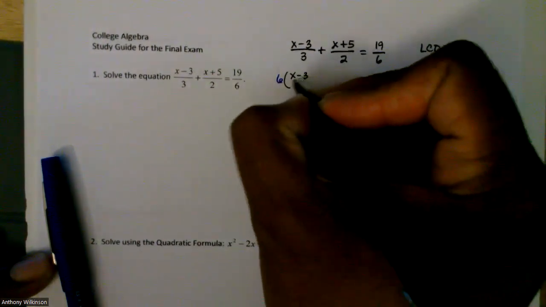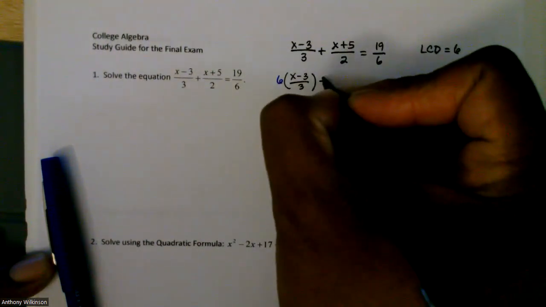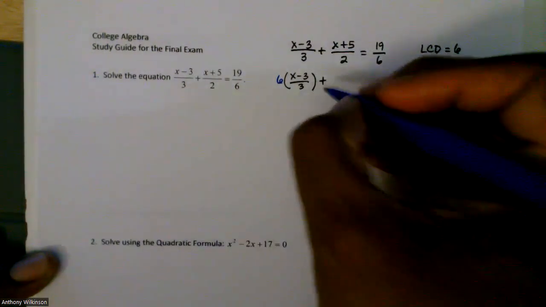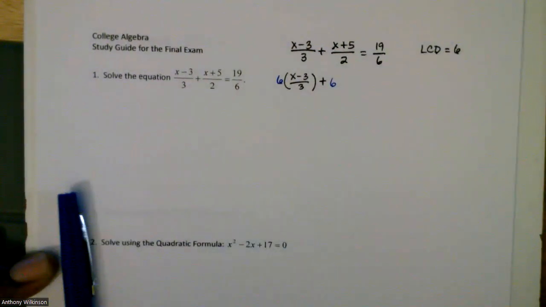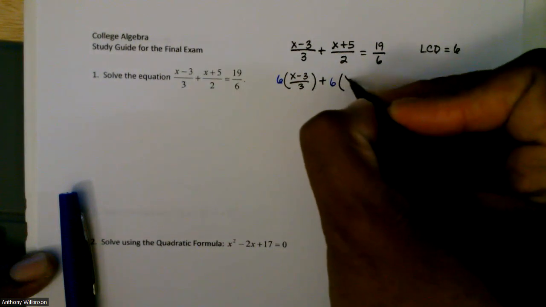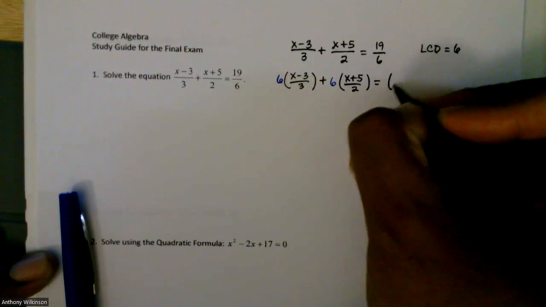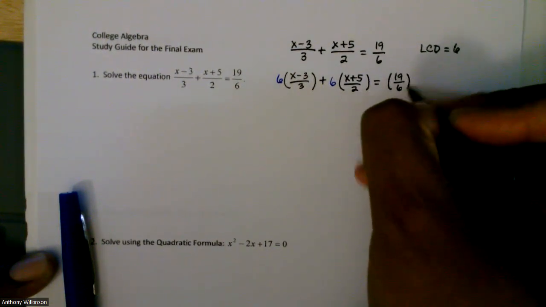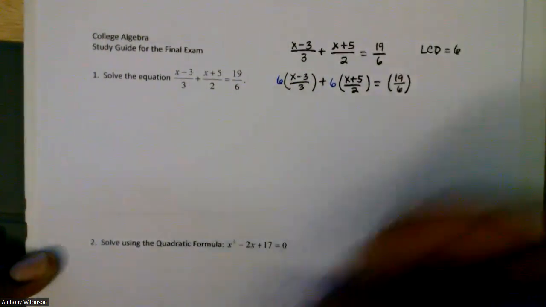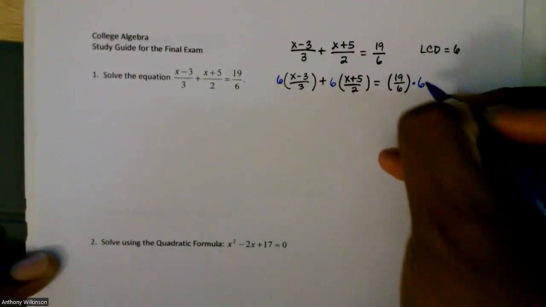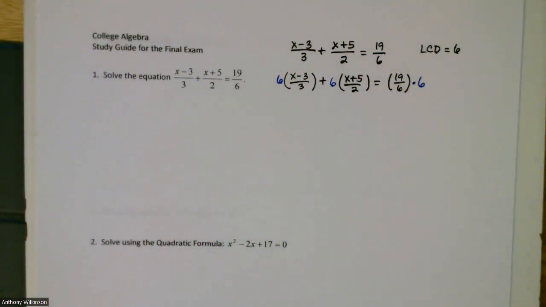So it'll be 6 times (x minus 3) over 3 plus 6 times (x plus 5) divided by 2, and that's equal to 19 over 6 in parentheses, multiplied by 6. All right, so now let's simplify this.